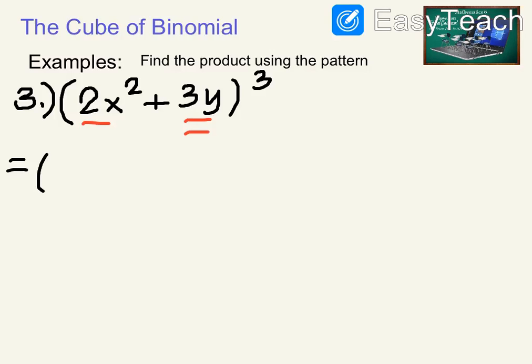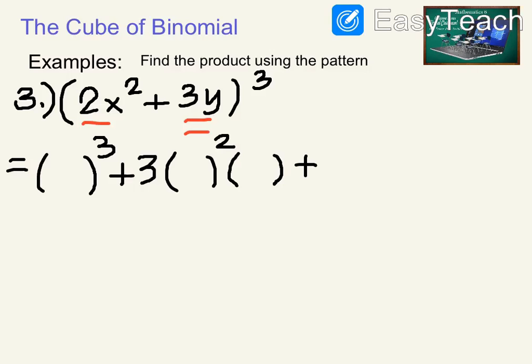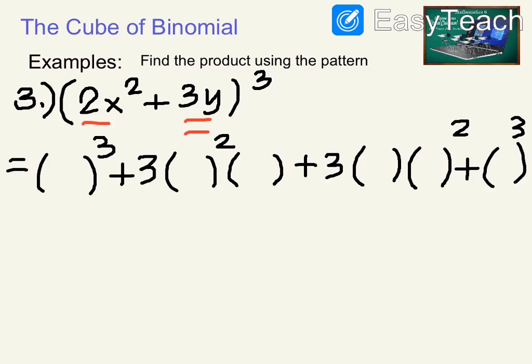We have the first term raised to the third power, plus thrice the first term squared multiplied by the last term, plus thrice the first term, which is not squared, but the second term should be squared. They just take turns, that's all. Plus, don't forget that the last term should be cubed, so raised to the third power.